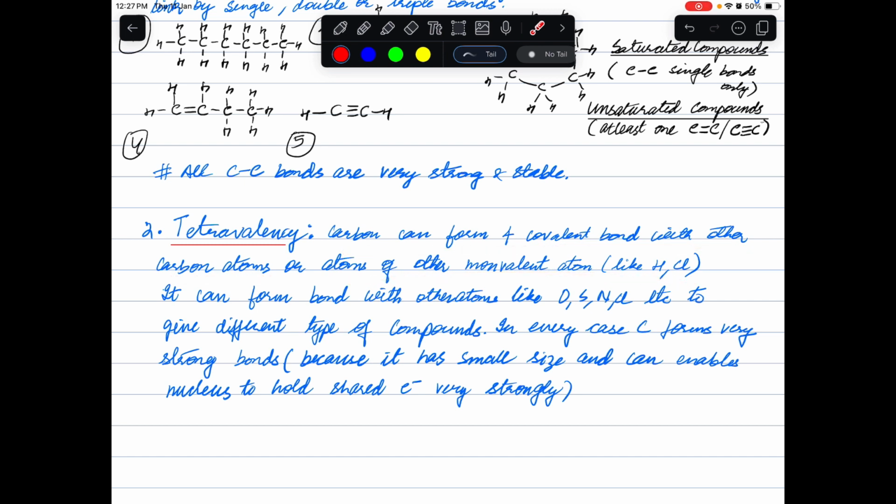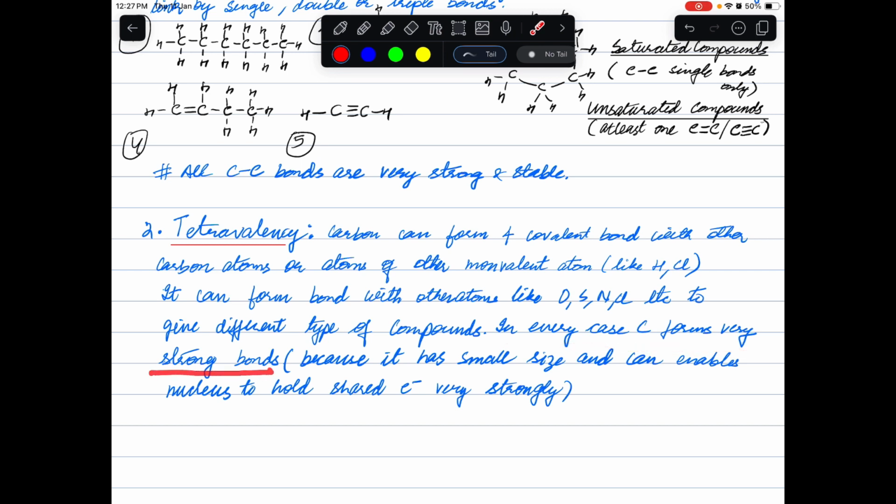In addition to this, it can form bonds with other types of atoms like oxygen, sulfur, nitrogen and chlorine. And therefore we get a very different variety of compounds, and in every case the thing which is important to remember is that carbon forms very strong bonds.